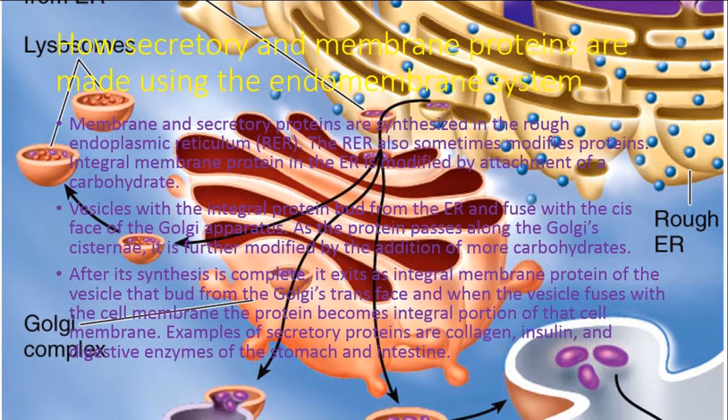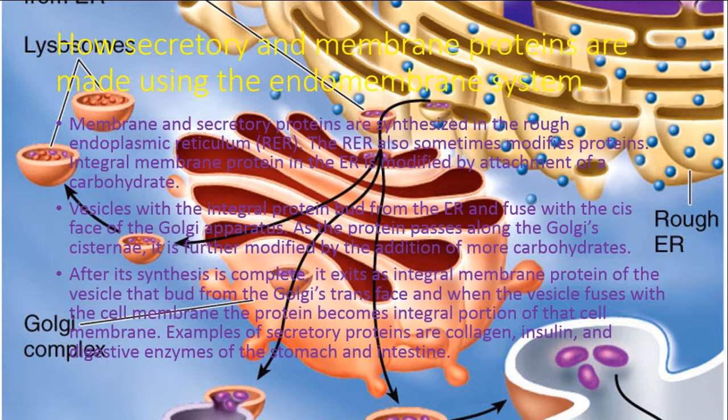Membrane and secretory proteins are synthesized in the rough endoplasmic reticulum. There, they are modified by protein modifiers. Integral membrane protein in the ER is modified by attachment of a carbohydrate.